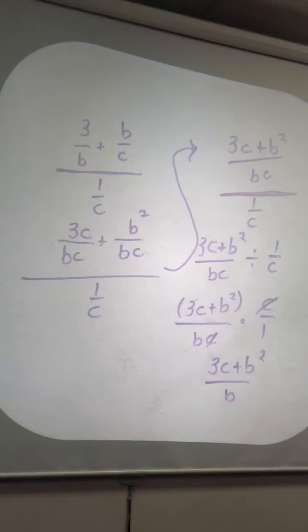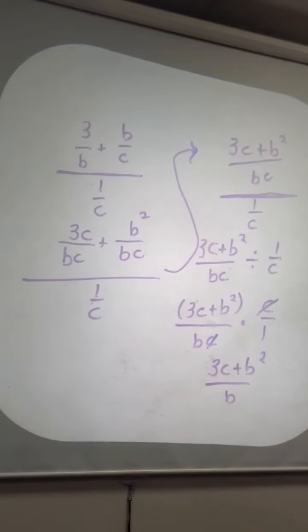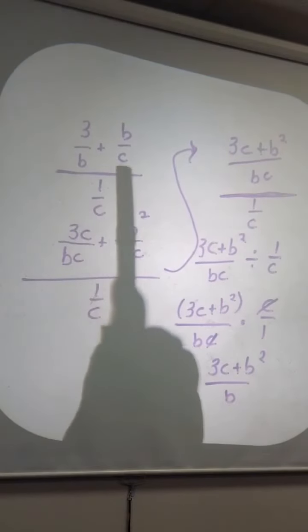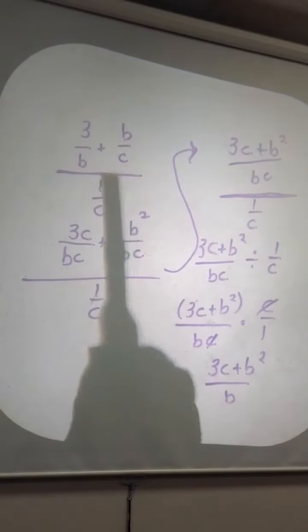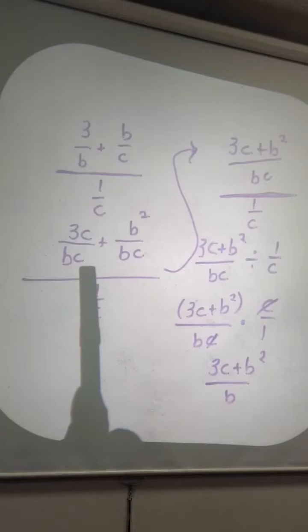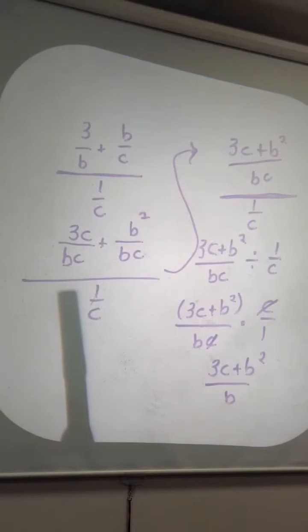In the beginning, with the BC on the denominator, is it like B squared because there's already a C in the denominator? No, there was a B here and a C there. Yeah, but then when you go down, we don't need another B, we already have one. Okay, so if it's in the denominator, it doesn't have to be in the numerator?